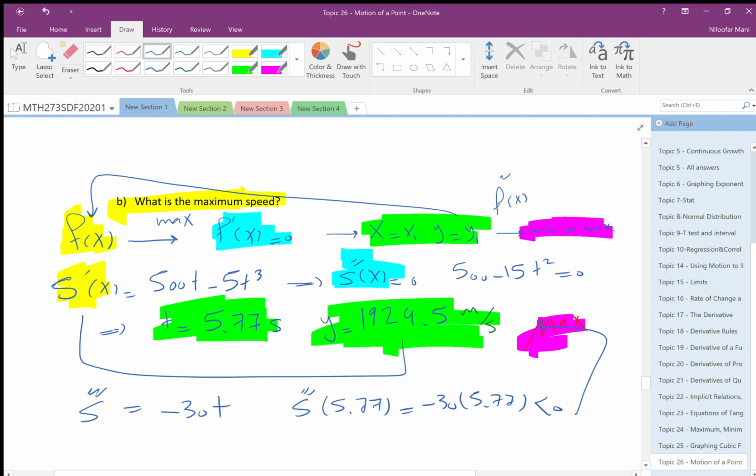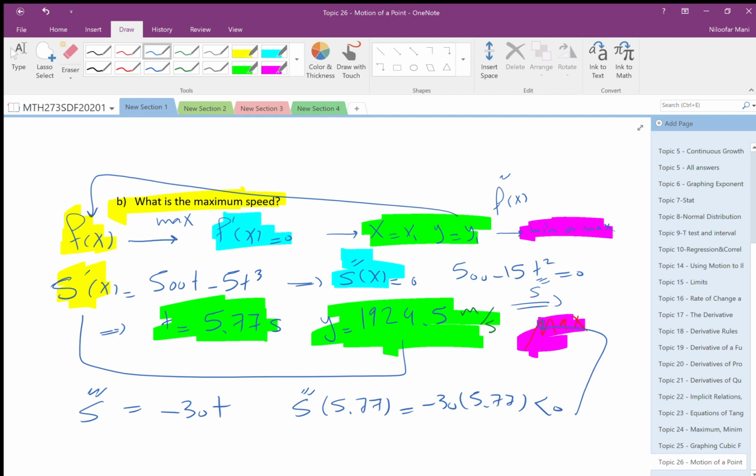Here I have s prime first, then I go to s double prime, find my points for s double prime because it says maximum speed, and then I check s triple prime and I say maximum or minimum. This is maximum because s triple prime is negative, and when the double prime is negative, at that point it's maximum. But here triple prime is my double prime for a speed.